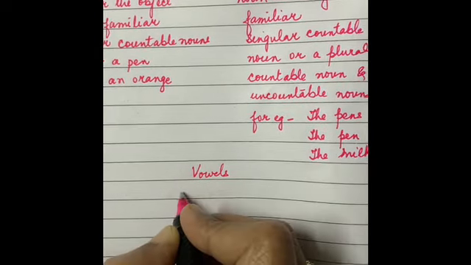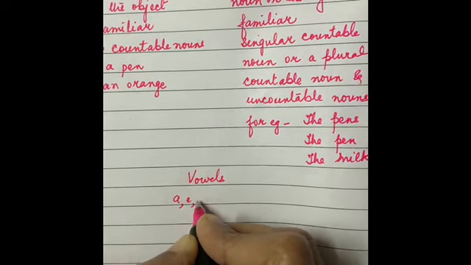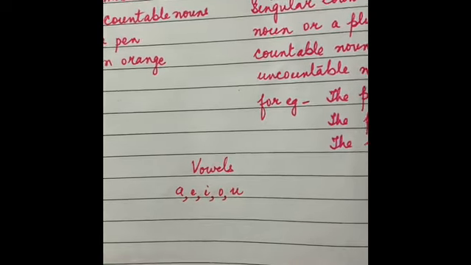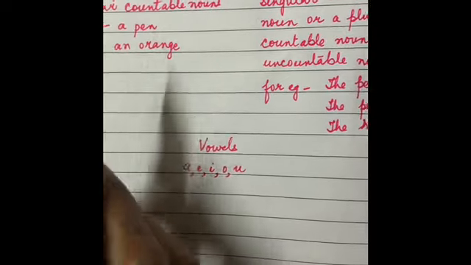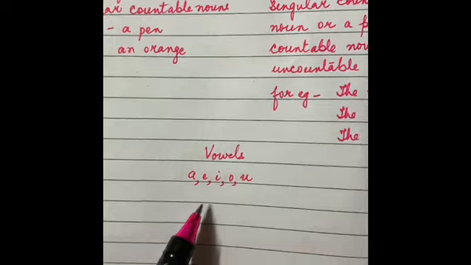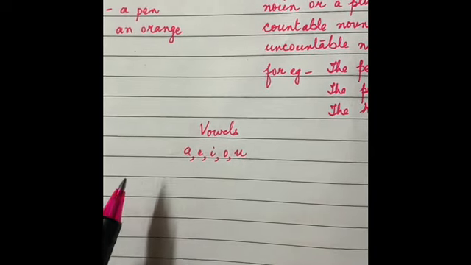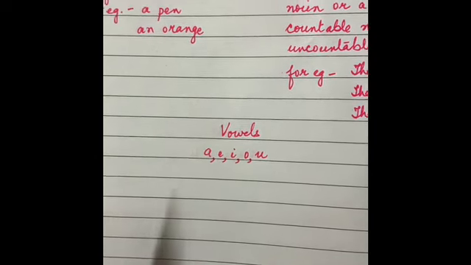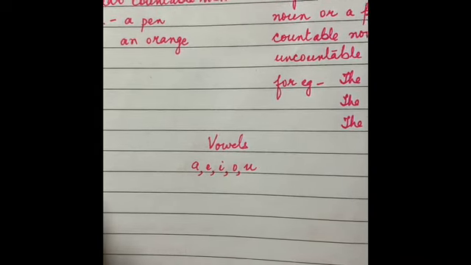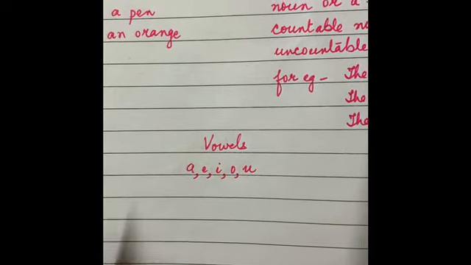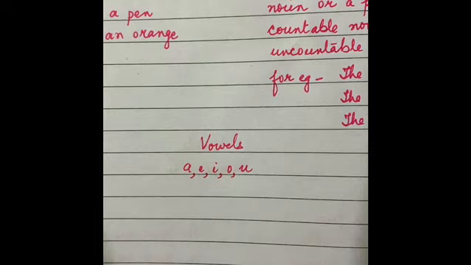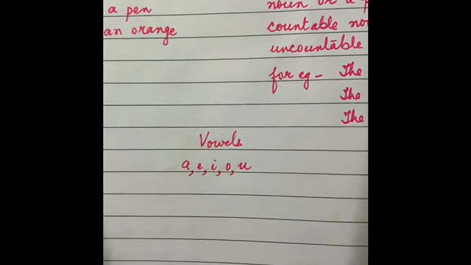And they are A, E, I, O and U. Now the usage of a and an depends on the sound created by the word, the sound the word is pronounced. For example, an is used before the word that begins with a vowel sound, and a is used before the word which begins with a consonant sound.